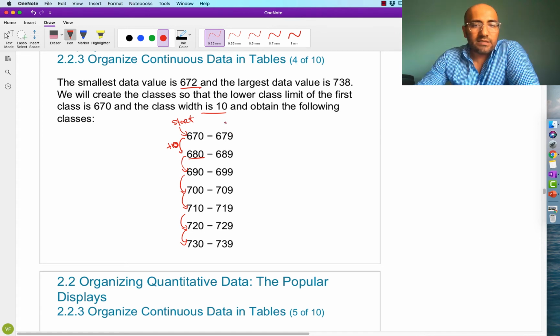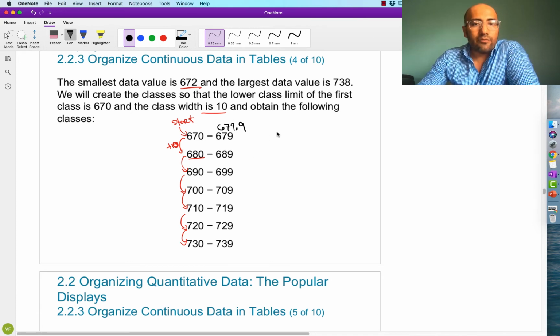Remember not to make the mistake of saying 680, because if you say 680, then if we specifically see the value of 680 in our raw data, we won't know which class it belongs to. So we got to go a little bit below that. We could choose 679, or we could be even more precise if we want to and say it's 679.9, for example.